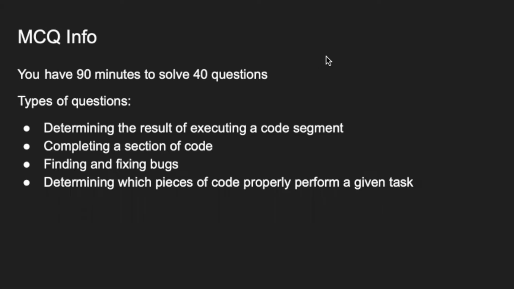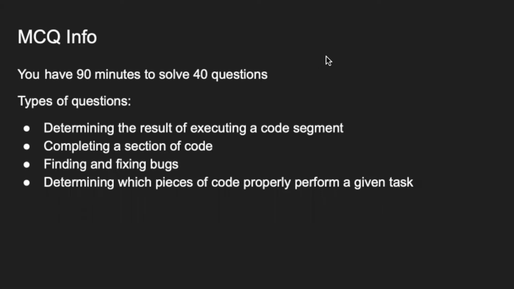Don't set a time limit because since this is likely your first time doing MCQ practice, you can expect it to take longer, and that's totally fine. If you're going to continue doing more MCQ practices in the future, then you can start setting time limits.